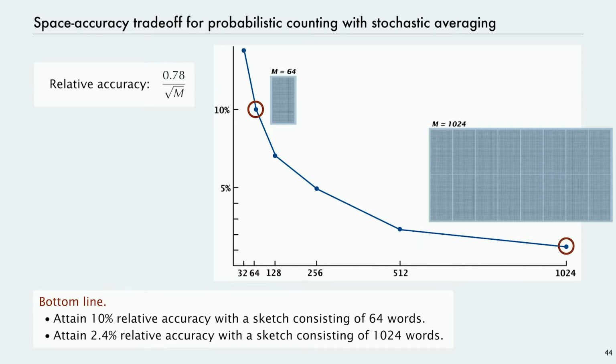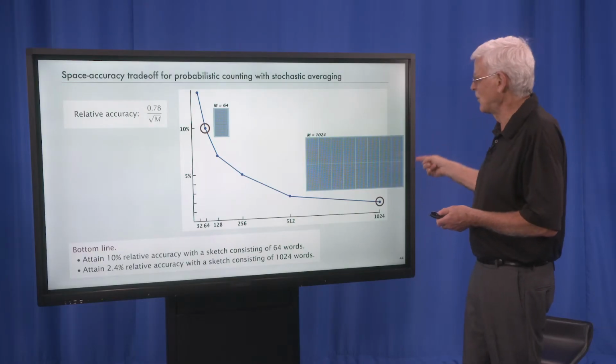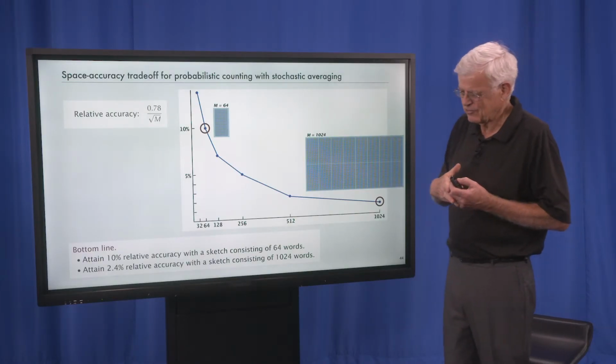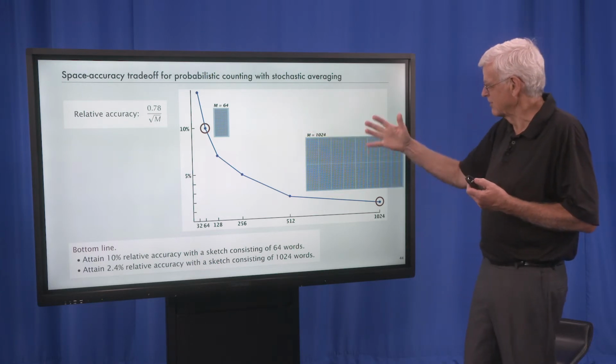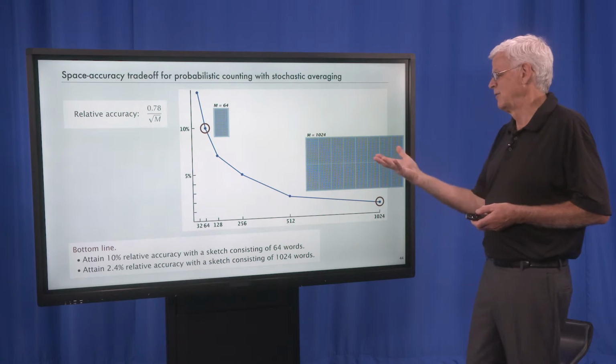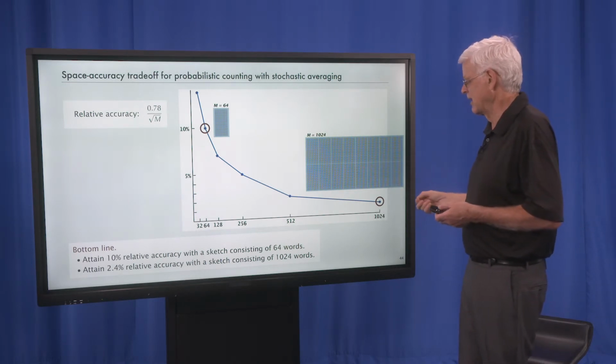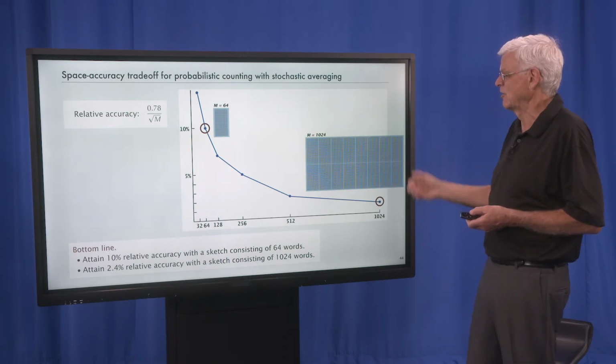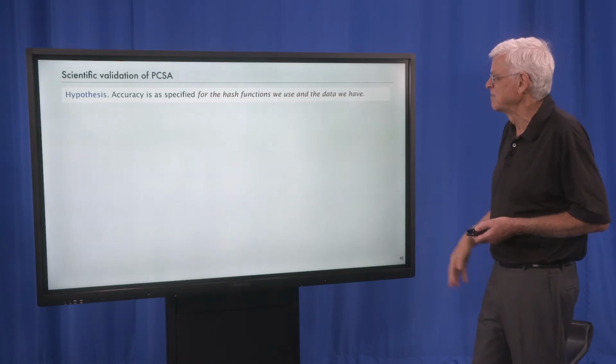And if we use a lot more bits, this is 1024 32-bit words, we get within 2.4%, which is really quite amazing, that with a relatively small number of bits, the stream could be huge, remember, it could be billions. We can get quite close to the actual cardinality count with just that small number of bits.